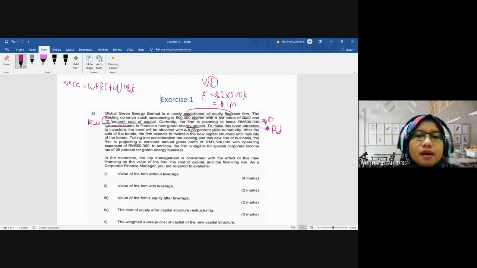Then after the sale of the bond, the firm expects to maintain the new capital structure until maturity of the bond.